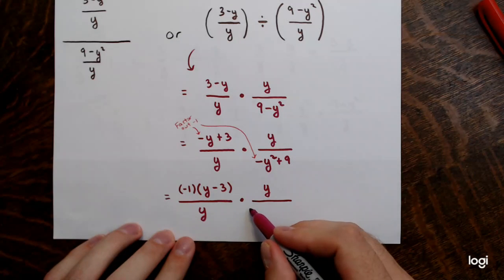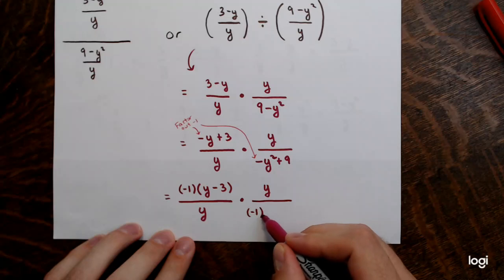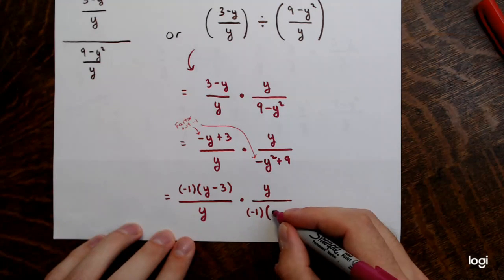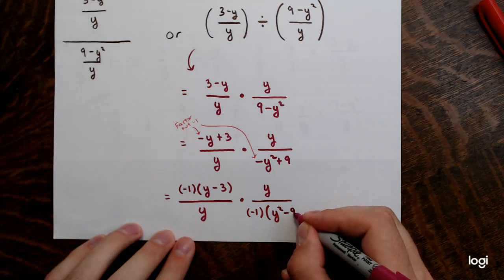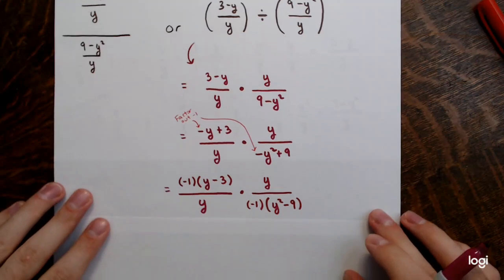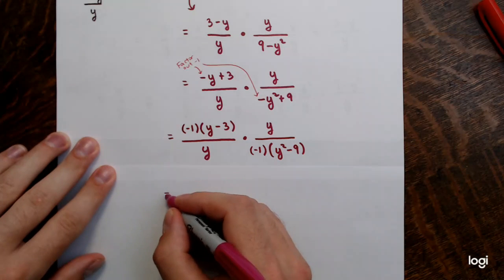And then down here, this denominator, same thing. I'm going to pull out a negative 1. All right, and when I remove a factor of negative 1 from these terms, I'm left with y squared minus 9. Well, that y squared minus 9 is a difference of 2 squares, so that can actually factor even further. So bear with me here.